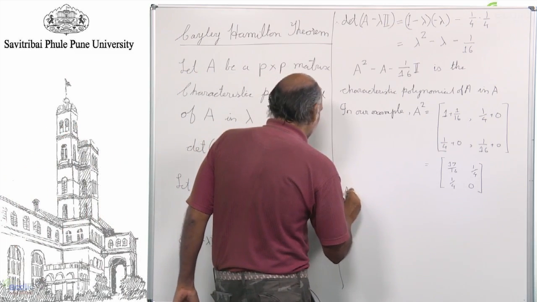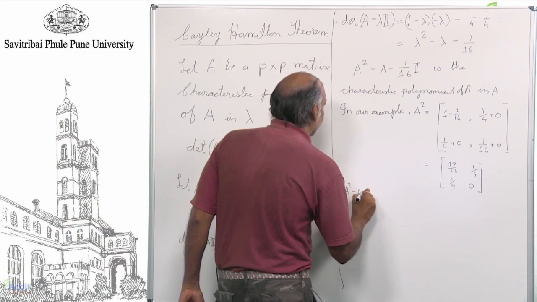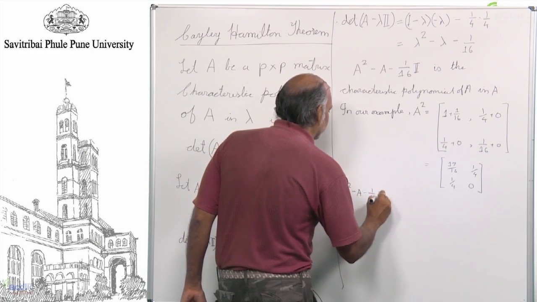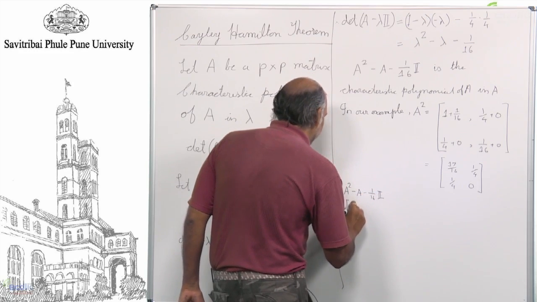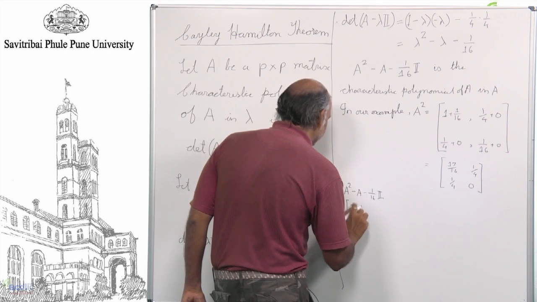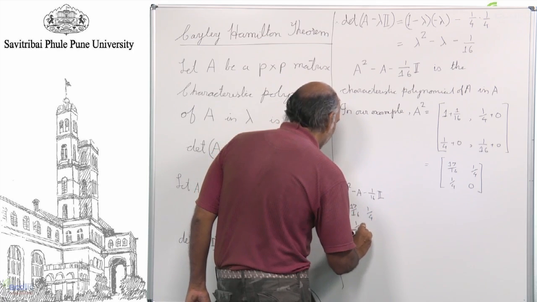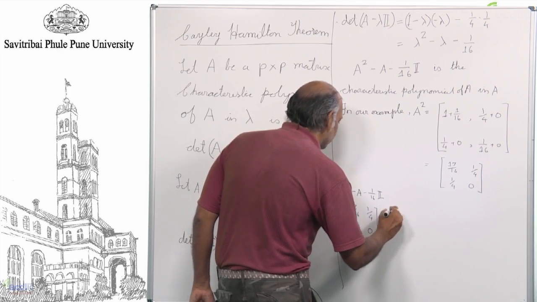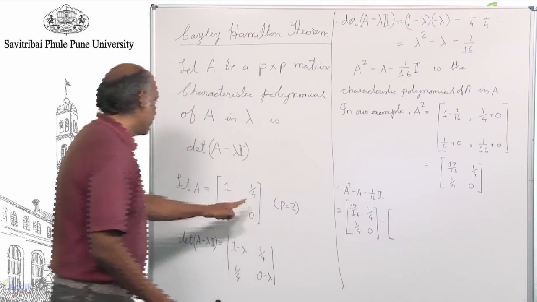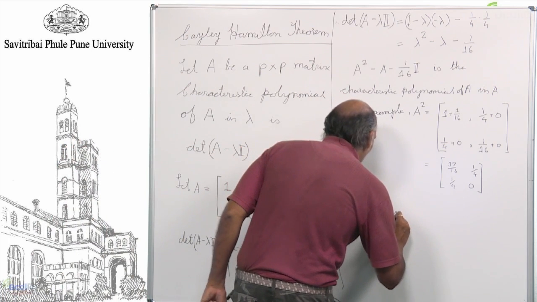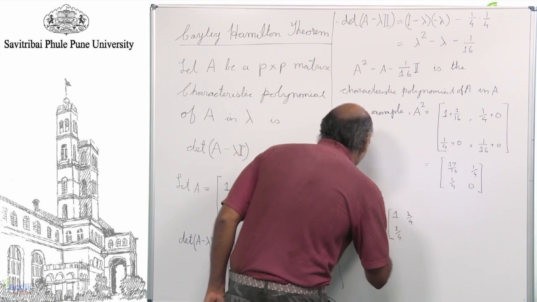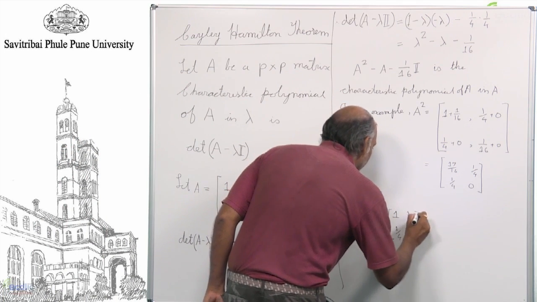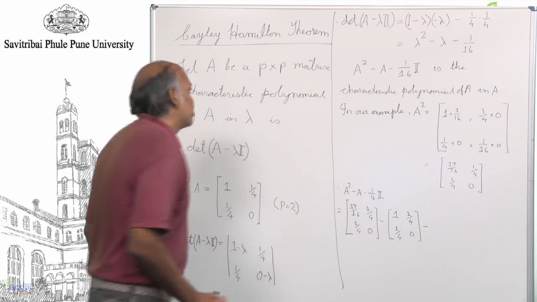Therefore, A squared minus A minus 1 upon 16 times identity equals 17 upon 16, 1 upon 4, 1 upon 4, 1 upon 16, minus A, which I already have here, 1, 1 upon 4, 1 upon 4, 0, and finally minus 1 upon 16 times identity.